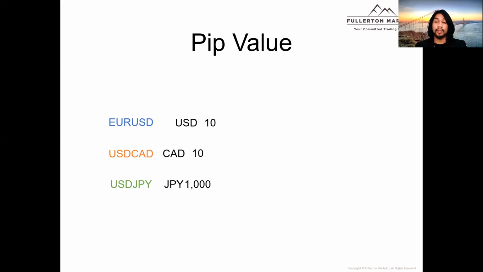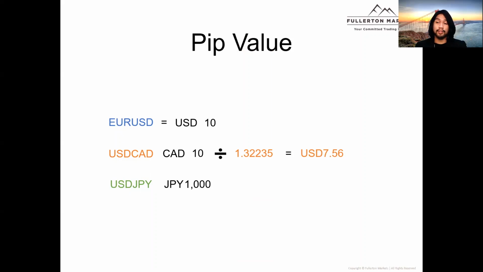But for the USD versus the Canadian dollar, we are making 10 Canadian dollars per pip. So we have to divide this by the value of the USD versus the Canadian dollar, which is roughly 1.32235. Doing so would give you a value of 7.56 US dollars per pip.